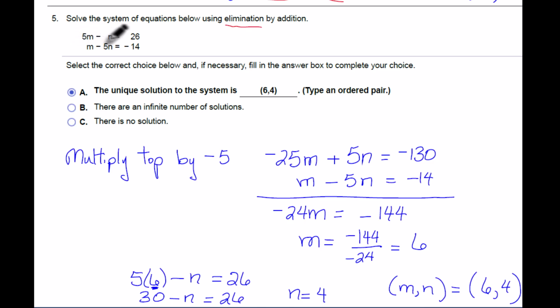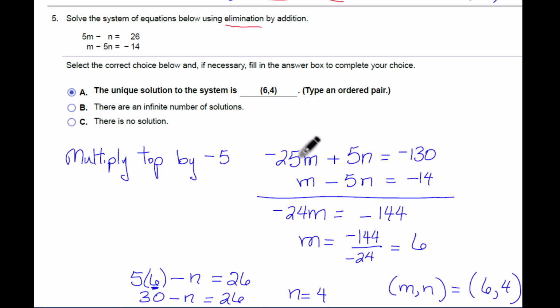So multiply all the way across, don't forget that, by minus 5. All right, so minus 5 times 5, minus 25. Got the plus 5 in there, and I've got my minus 5 times 26, so a minus 230.